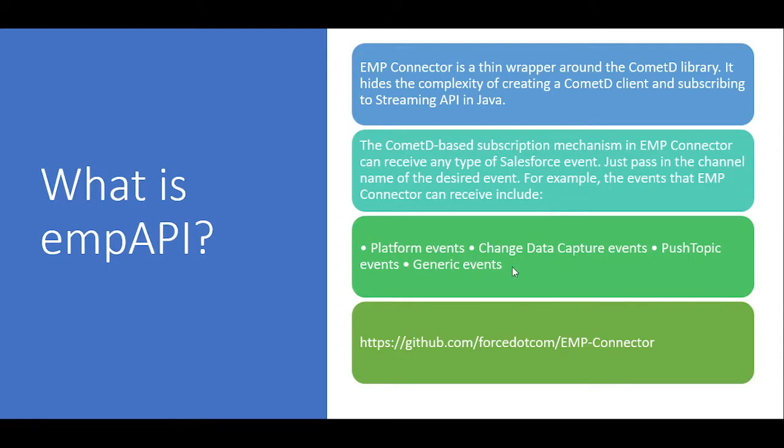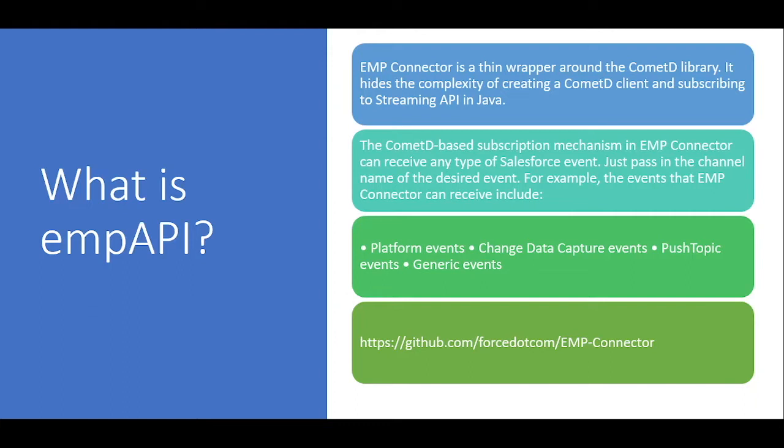So CometD is a JavaScript library, but on top of that, we also have an EMP connector, which is also a class under which we are using CometD libraries. So it makes the use of CometD easy. For example, Salesforce provides EMP API in LWC. You import that, and then you just provide the information on what event you want to listen to, subscribe to, and then EMP API will do all your work in the background.